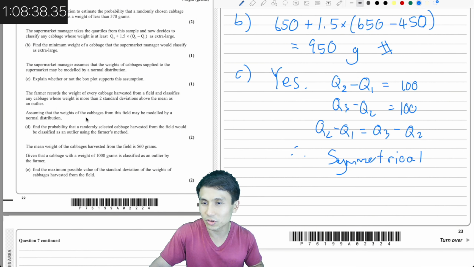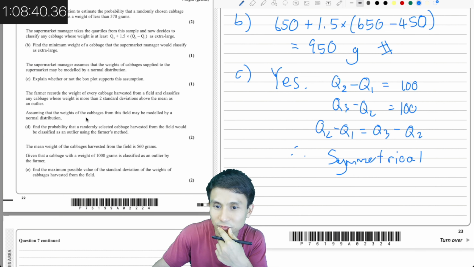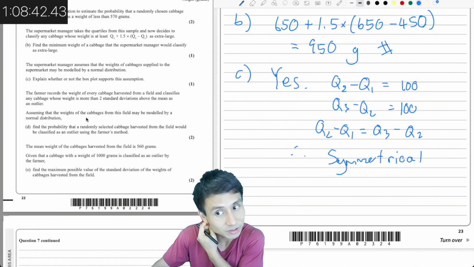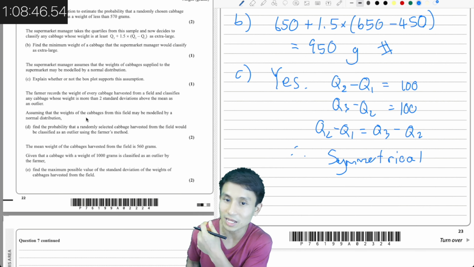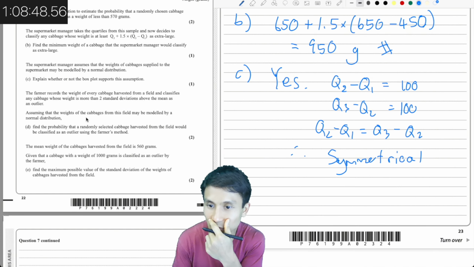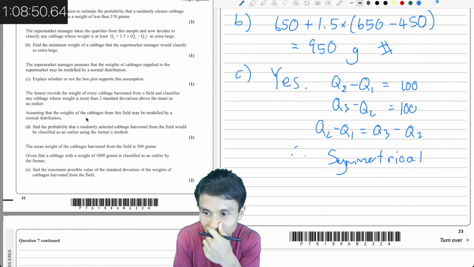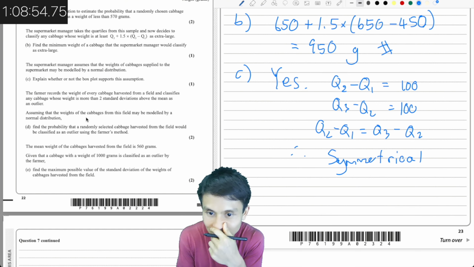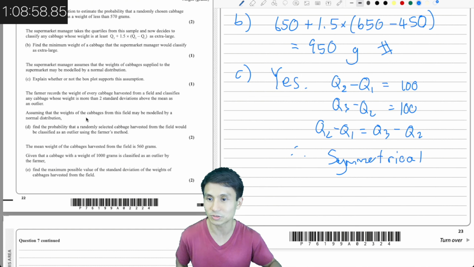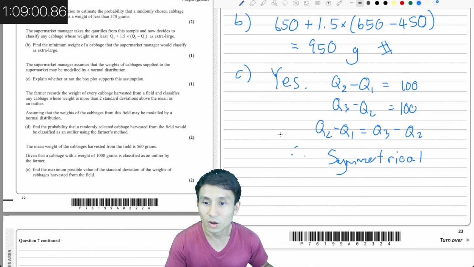Next, the farmer records the weight of every cabbage harvested from a field and classifies any cabbage whose weight is more than 2 standard deviations above the mean as an outlier. Assuming that the weights of the cabbages of this field may be modeled by a normal distribution, find the probability that a randomly selected cabbage harvested from the field would be classified as an outlier using the farmer's method.